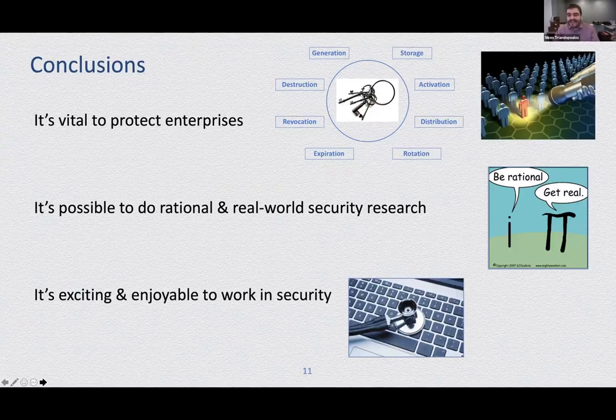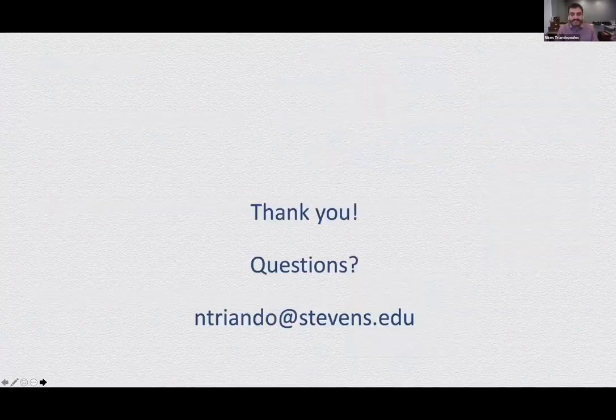And finally, again, to reiterate, this is really an exciting line of work. It's so interesting that security always becomes relevant, and recently it's an important and incremental part of machine learning. Thank you very much, and I'm ready for questions.